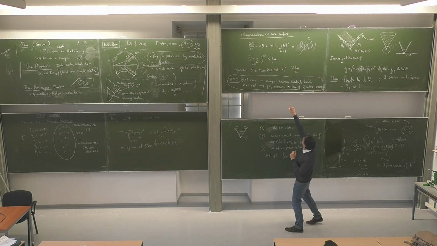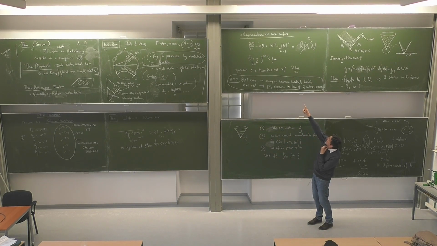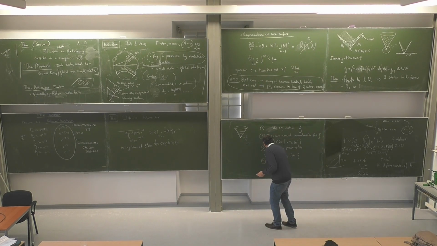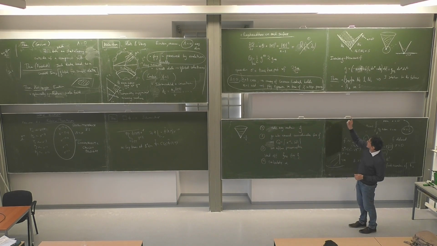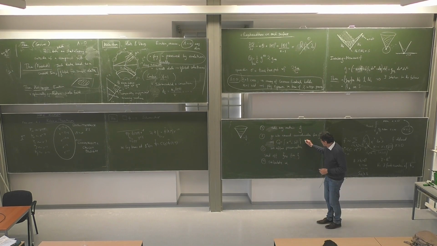So you can use this equation to calculate alpha, and from the Raychaudhuri equation, this gives you, and the theorem is, there exists a smooth Einstein metric in the interior with this data.